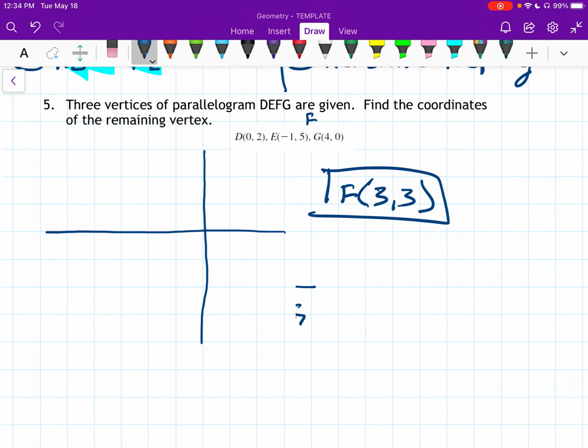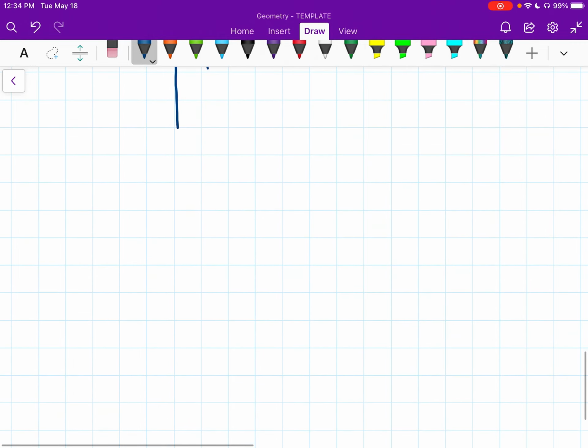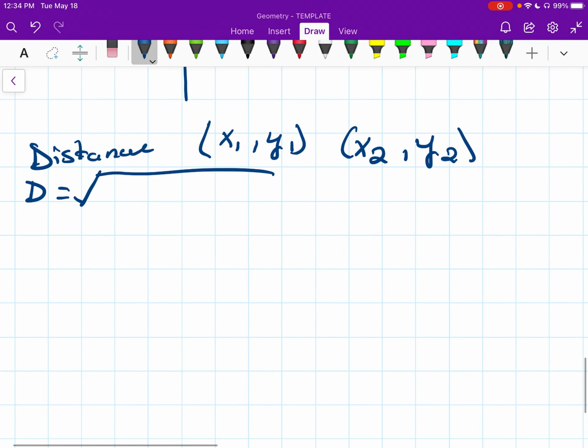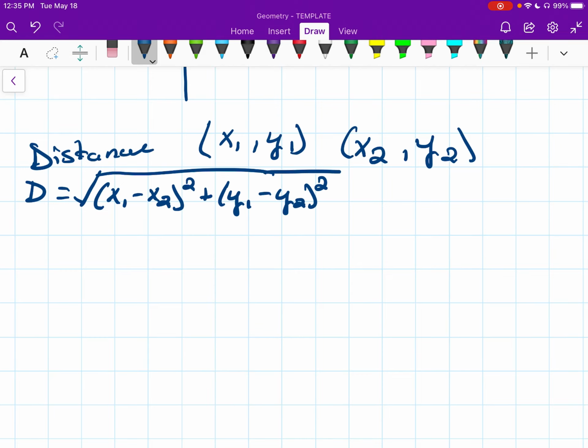Alrighty. That is that. I think on the homework, either on this one or one soon, you're going to need the formula for distance. This is distance. And we'll say that we've got a point x1, y1, x2, y2. To find the distance between those 2 points, we're going to have x1 minus x2 squared plus y1 minus y2 squared.